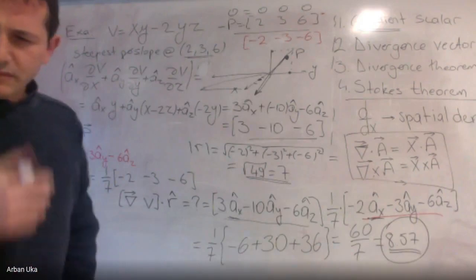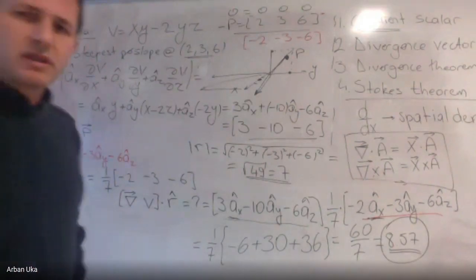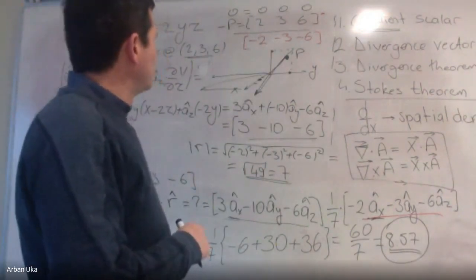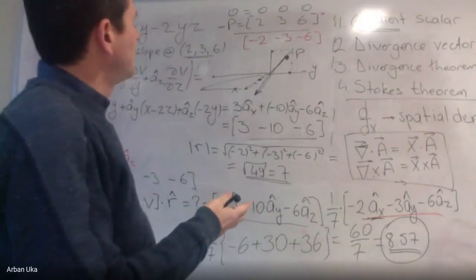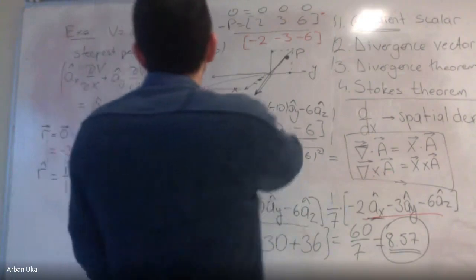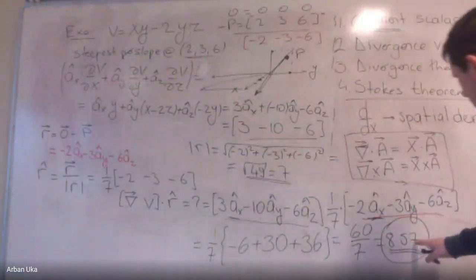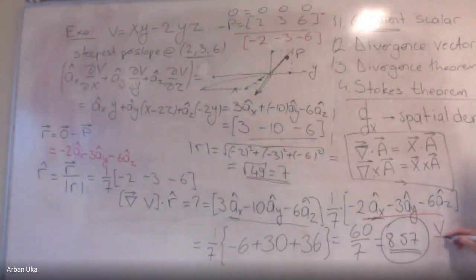And of course, the units that we are considering, what would be the unit? Help me with this for a moment. If this V was volts, this change would be volt per meter. So this would be the unit.